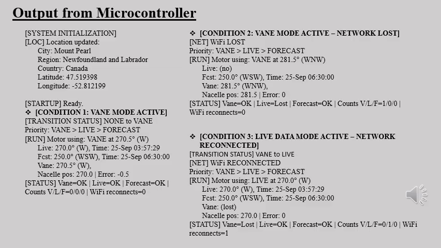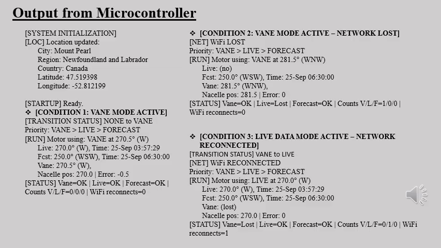Third condition is live data mode active, network reconnected. In this condition, the WiFi network reconnects. The controller detects the vane becoming temporarily unavailable or invalid, so it transitions from vane mode to live data mode active.